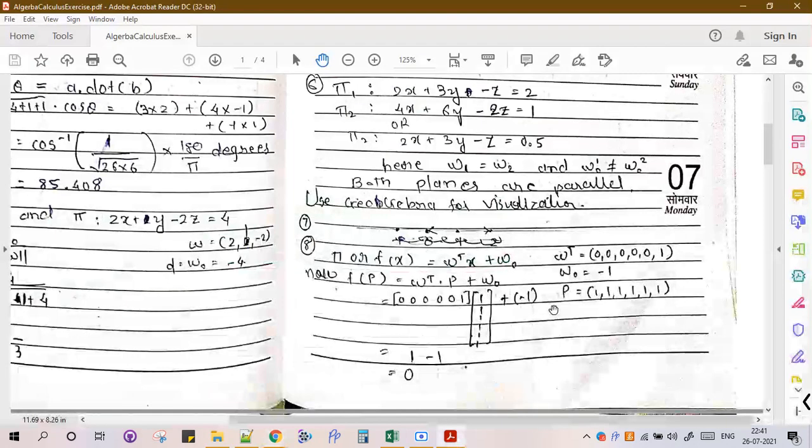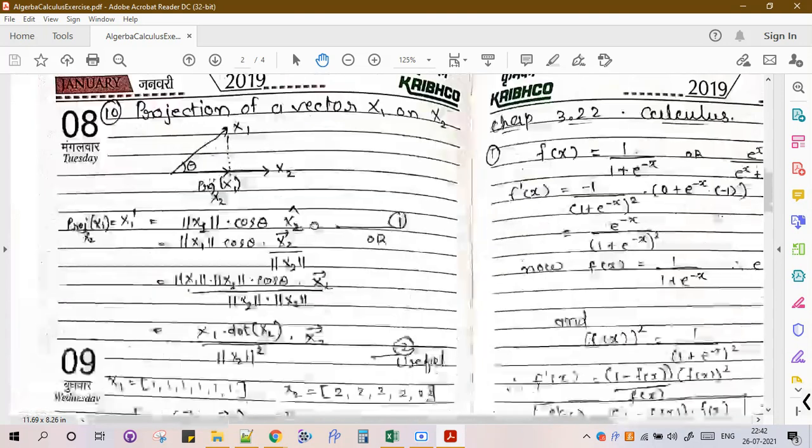Correct? Here p is given as 1 1 1 1 1 1, w is given as 0 0 0 0 0 1, and w0 is given as -1. So w transpose x plus w0: if we take the dot product with 0 0 0 0 0 1, we get 1 minus 1 equal to 0, like this. Correct?